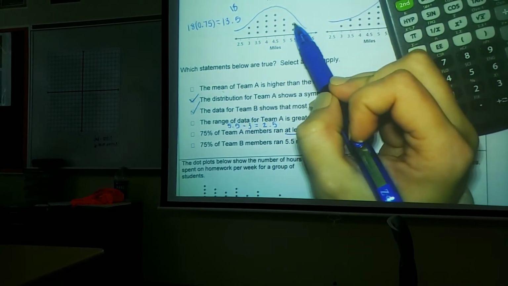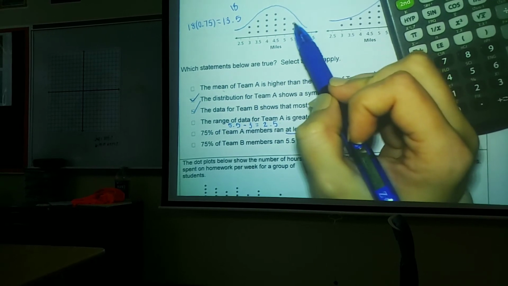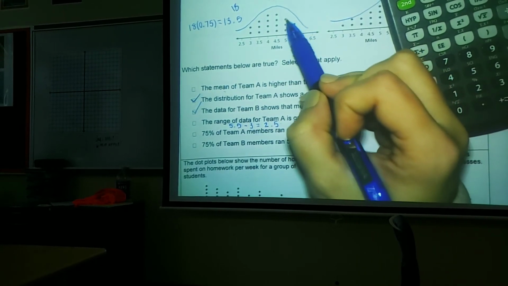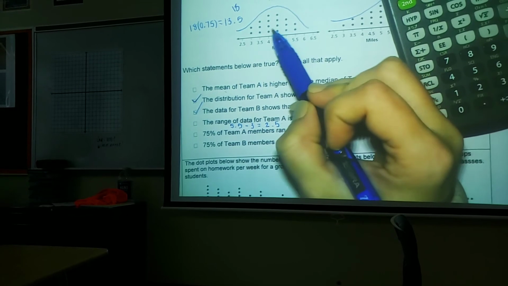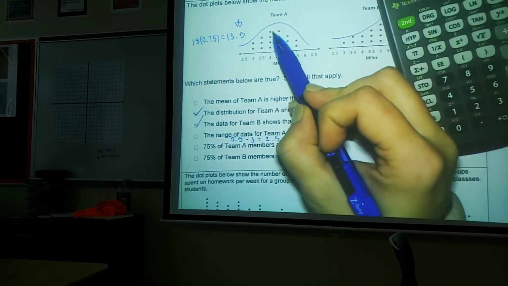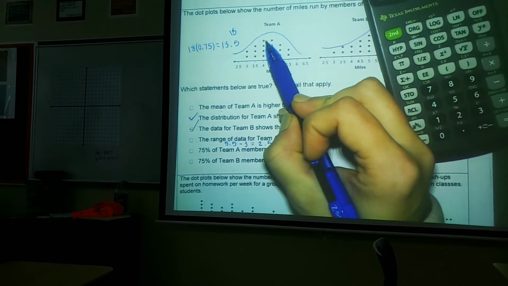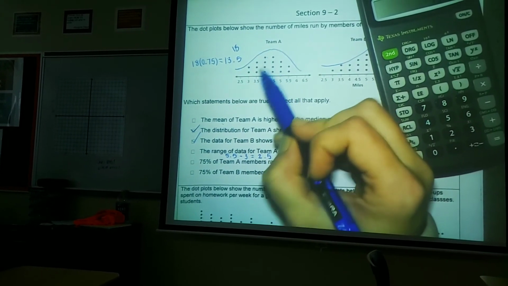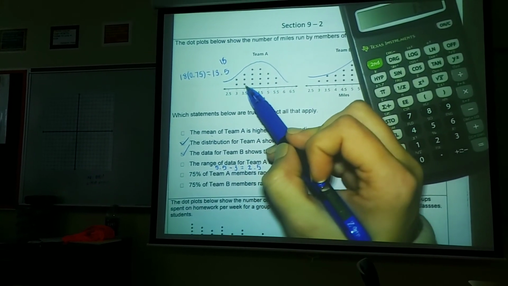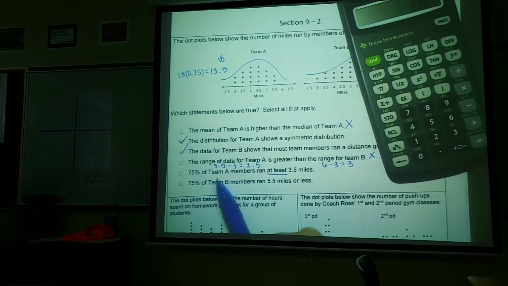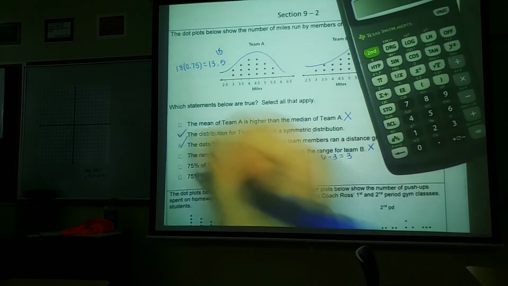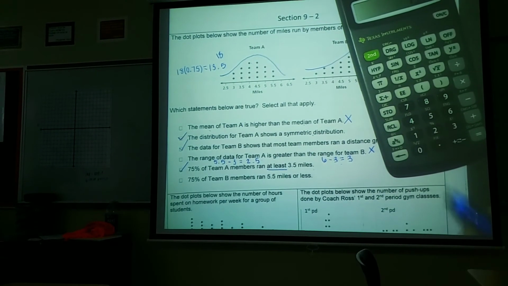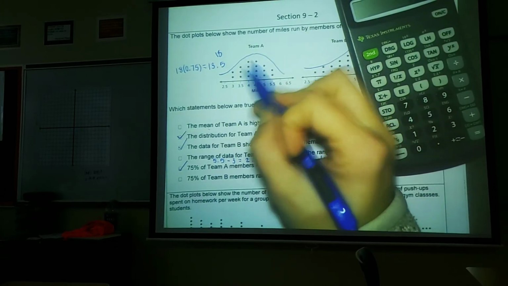So I'm going to count until I get to 14. Okay, so this dot is number 13, and number 14 would be on 3.5. So it is true that 75% of Team A members ran at least 3.5 miles. So I was looking between these two dots.